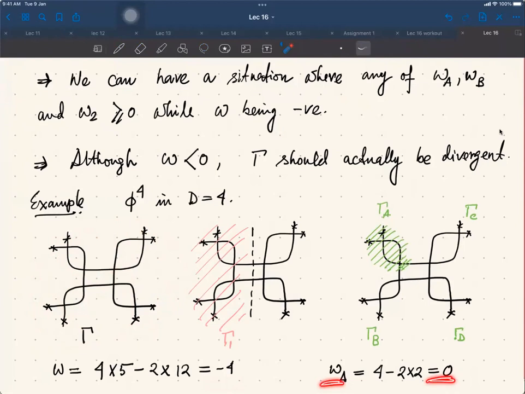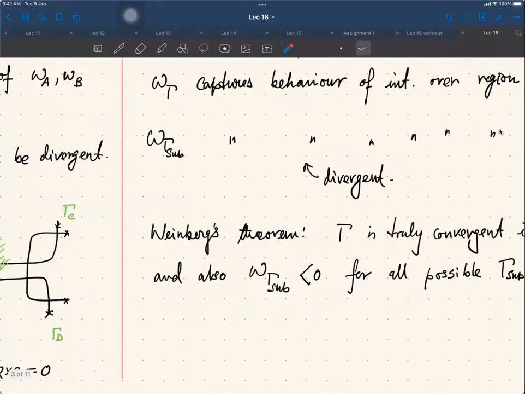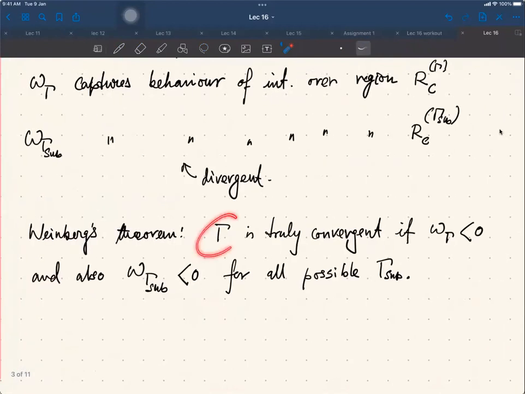In this case, it is not, which is why it is divergent. Only if you find omega negative for all possible subgraphs is the graph truly convergent. Okay, that's the statement.